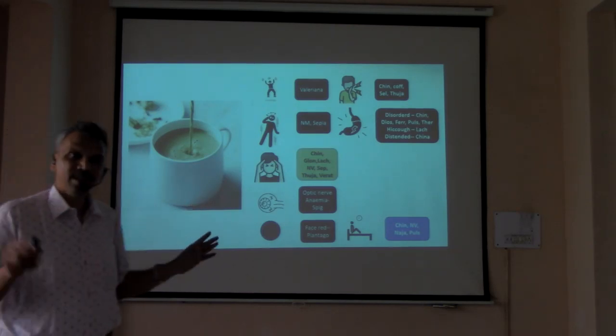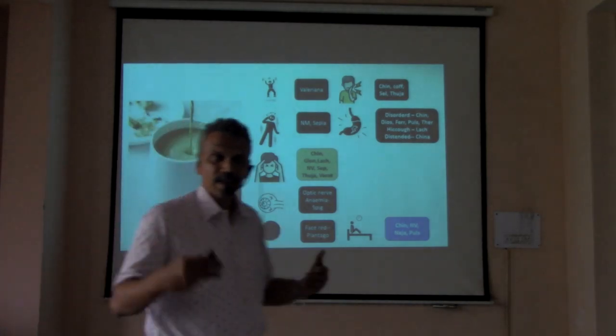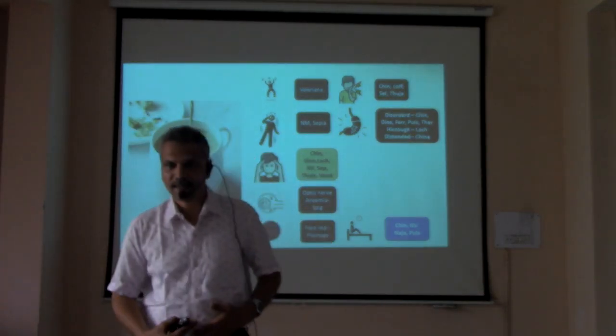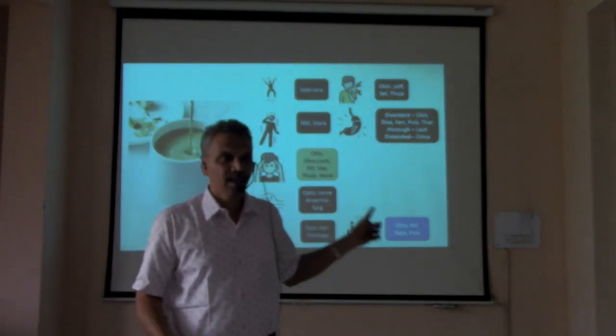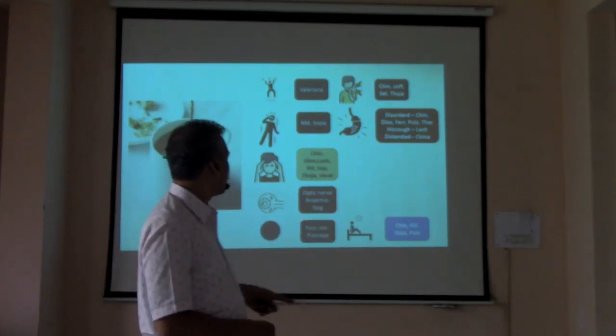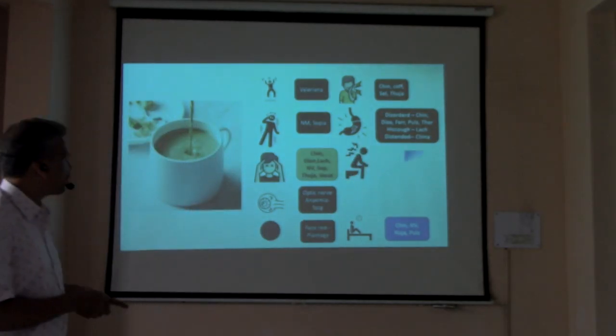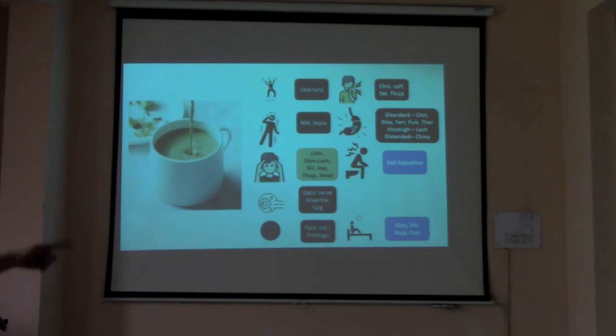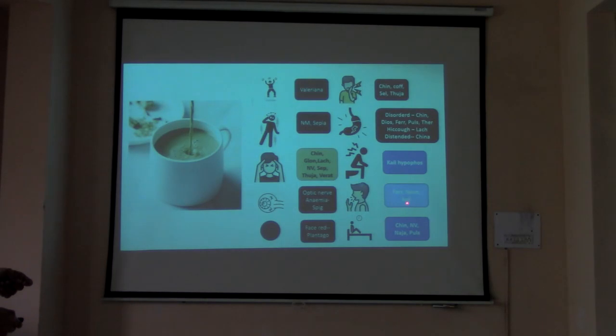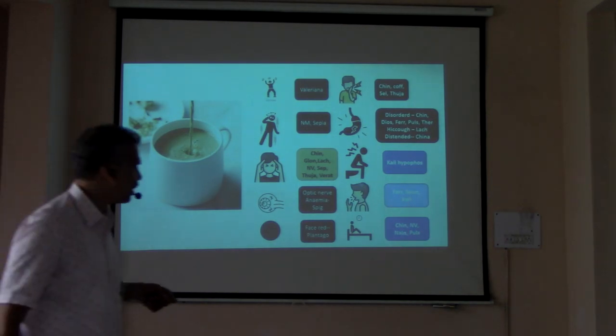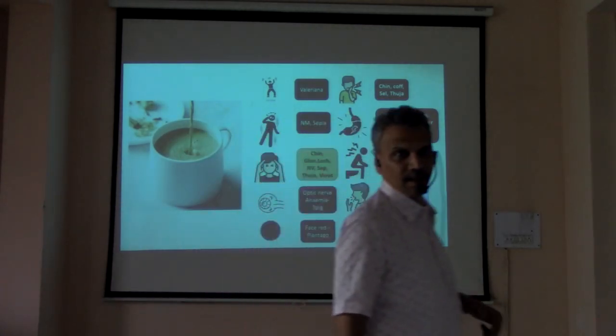Similarly, sir, I don't drink tea because if I drink tea, I have gastric distension, abdominal distension; the single remedy is China. Okay? And constipation, Kali hypophosphoricum. Never use this, but it's there in books, you can check. Cough after tea: Ferrum, Spongia, Kali. Sleeplessness after tea is China, Nux vomica, Naja and Pulsatilla.